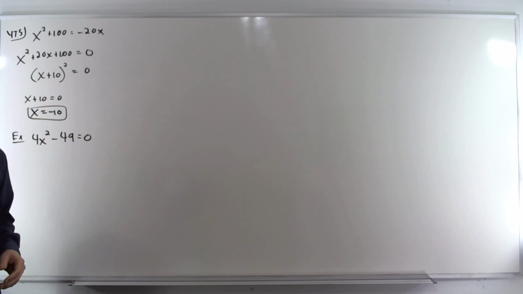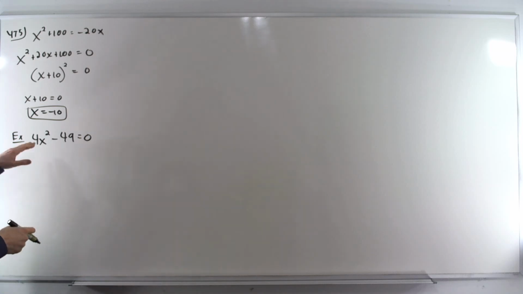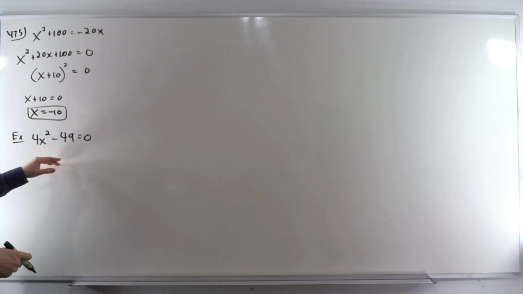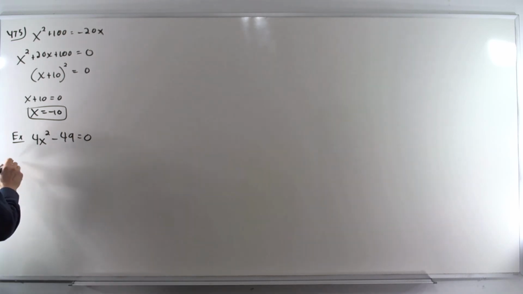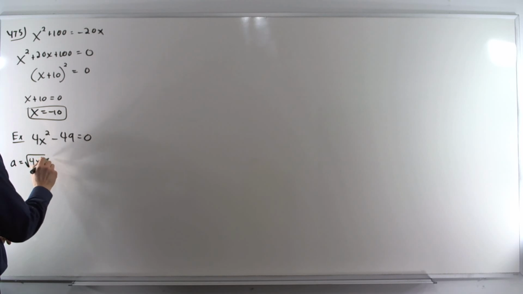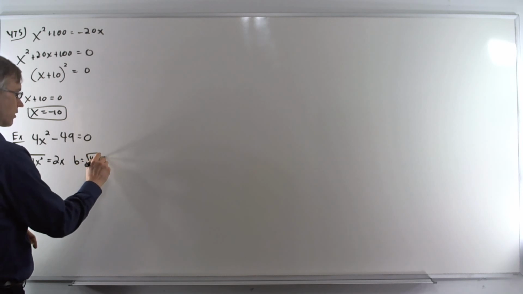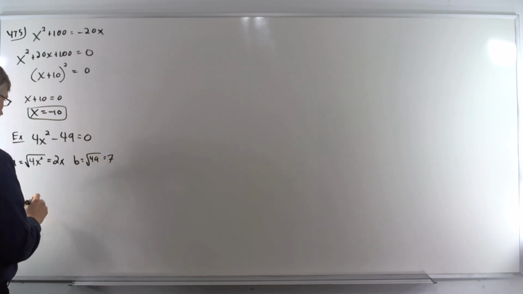And here's an example showing how important the factoring techniques we've learned so far are, because they're just going to keep coming up. So here we have difference of squares, perfect square, perfect square, perfect square. So to find A, we'll take the square root of the first term and get 2x. And to find B, square root of the second term, and get 7.